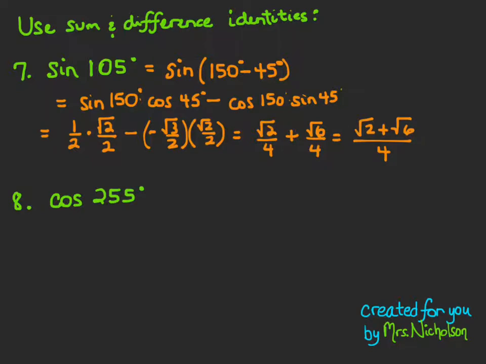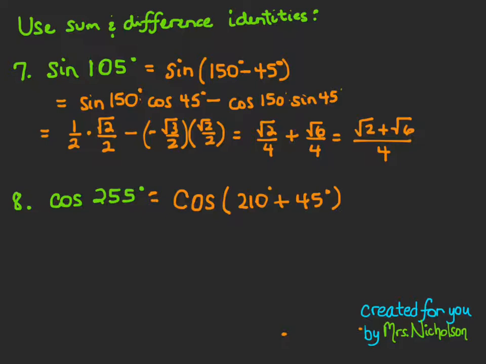All right, cosine 255. I'm going to pick two angles that add to give me 255. Let's do cosine of 210 plus 45.